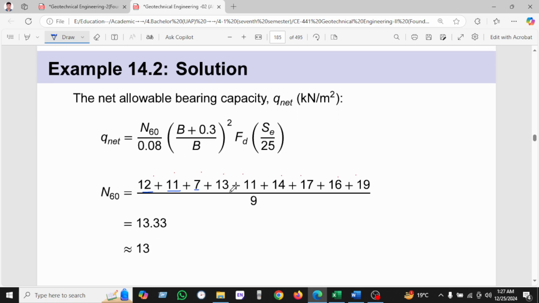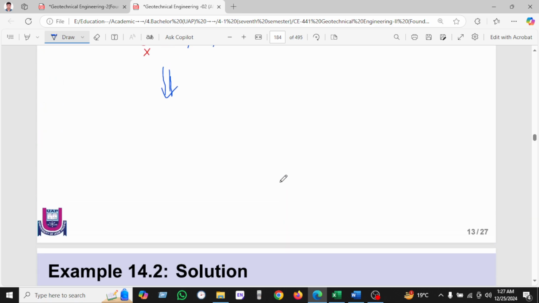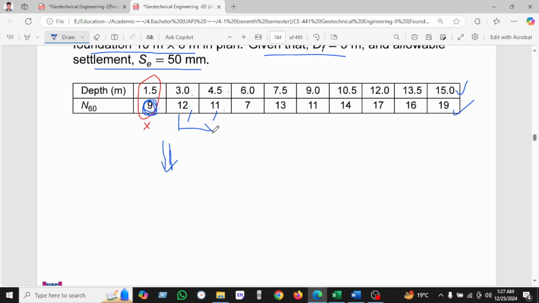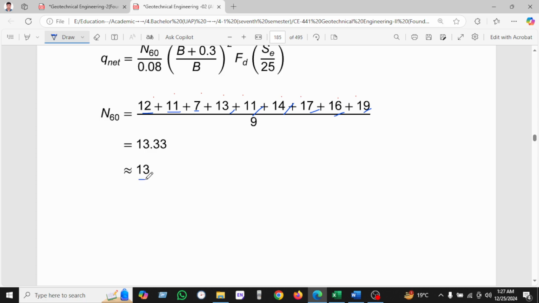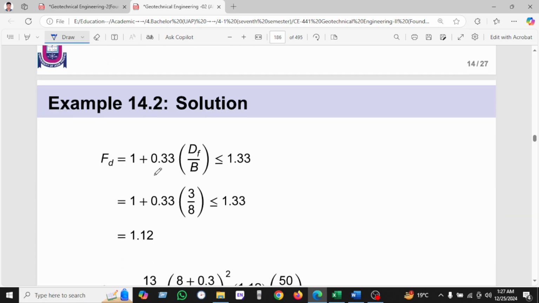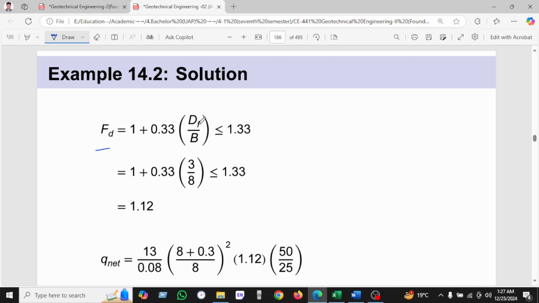So 12, 11, 7, 13, 11, 14, 17, 16, 19. So we are using the data from 12 to 19. And found N60 is 13. And Fd we know 1.33, and Df is 3, and B is 8, which is given, and found 1.12, which is less than 1.33.